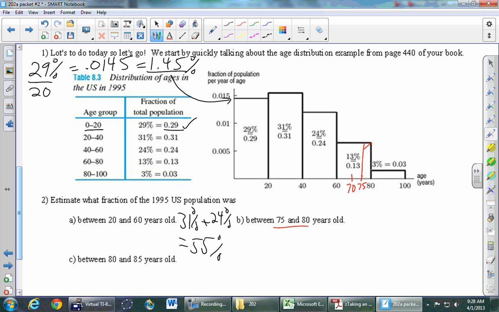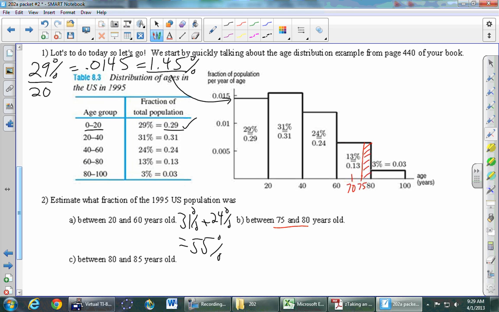How about we assume that the 60 to 80 year group is again perfectly distributed, so there's exactly the same number of 60-year-olds as 61-year-olds as 62-year-olds. So could we figure out what part of that block is between 75 and 80?